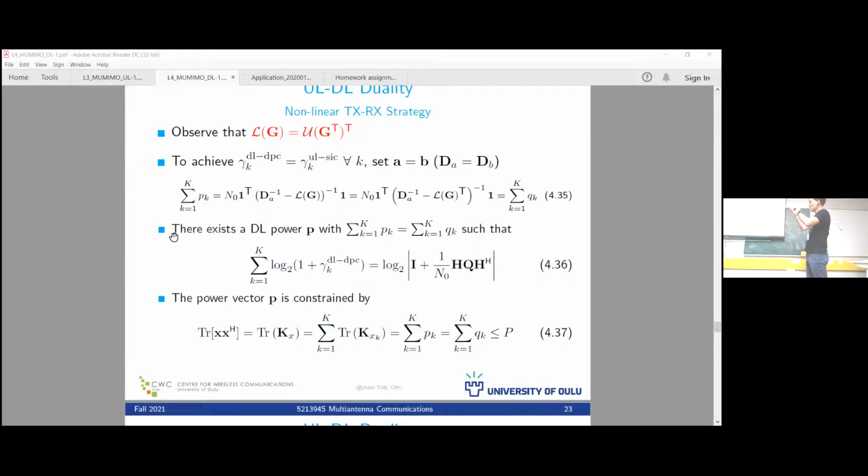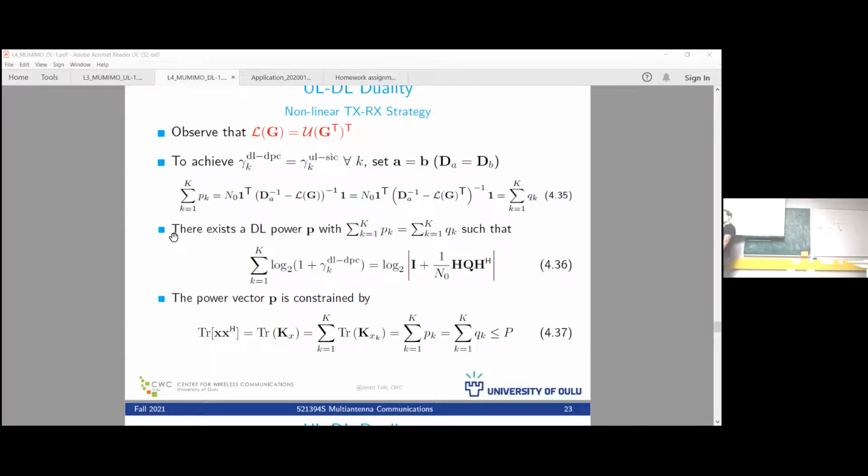So by using this equivalence, you can show that for a given set of fixed SINR constraints, the same normalized beamformers, uplink and downlink, you can find a power allocation, or given uplink power allocation, you can find a different downlink power allocation that achieves the same SINRs or vice versa.